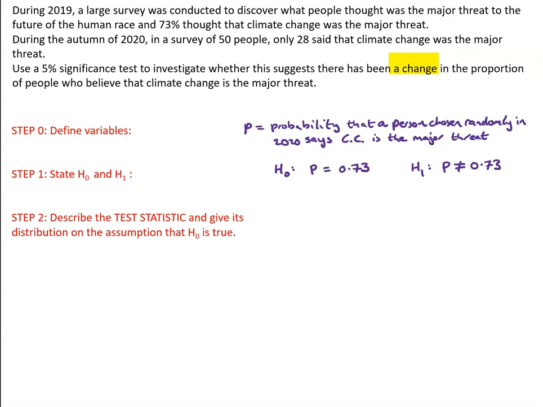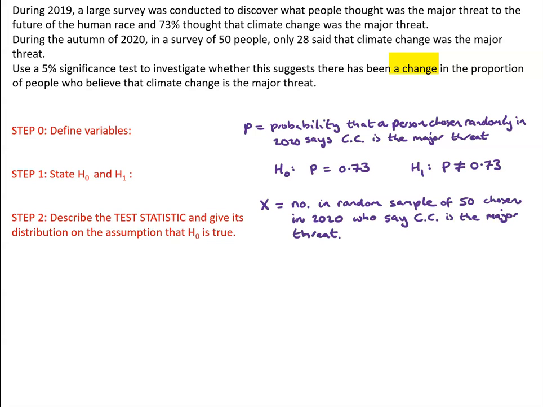The test statistic is the number of people who say that climate change is the major threat in a sample of 50 taken in 2020. If the null hypothesis is true, then X is binomial with n equals 50 and p equals 0.73.